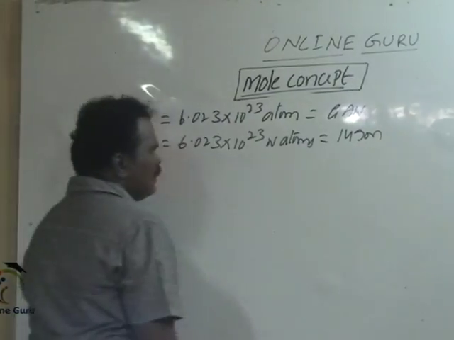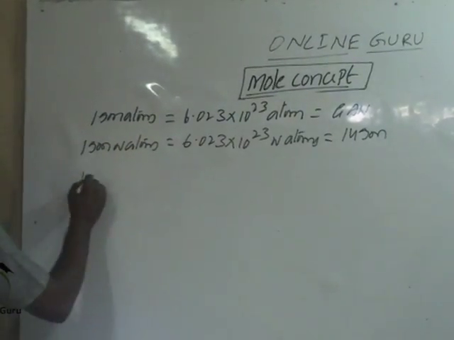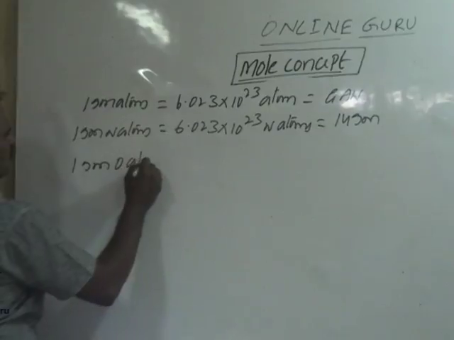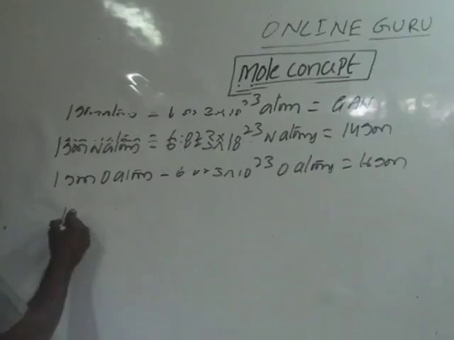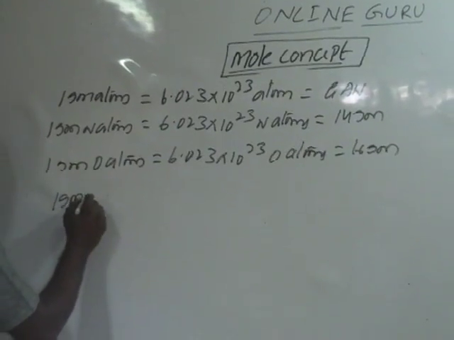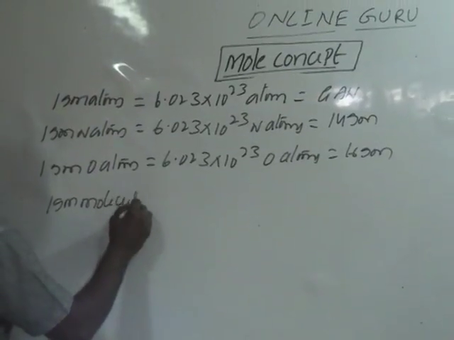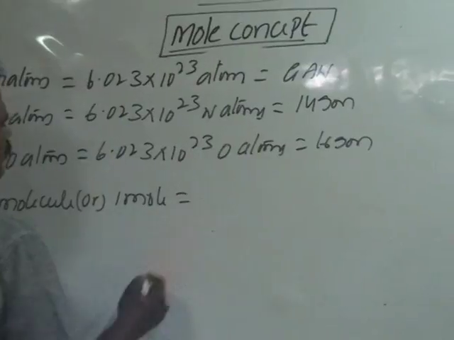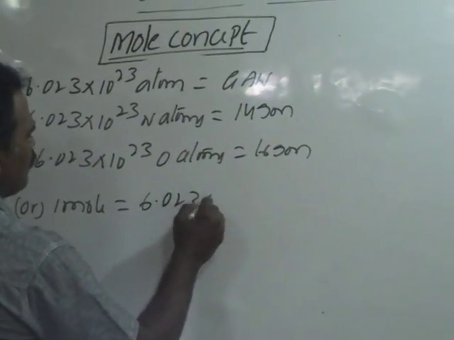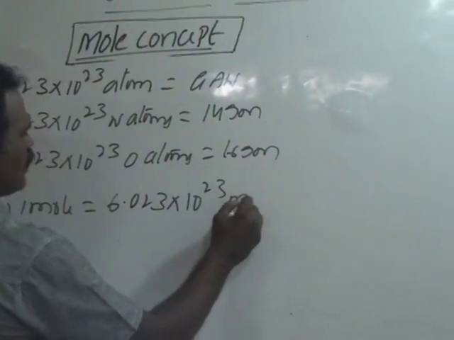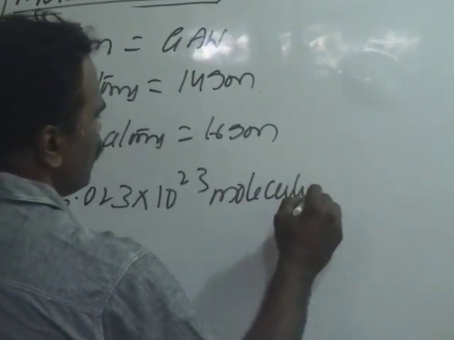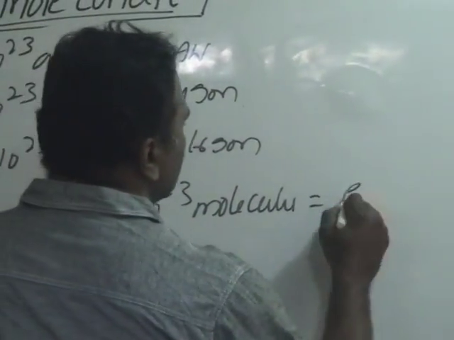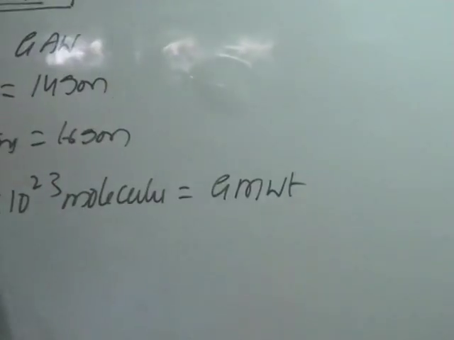Similarly, 1 gram molecule, or 1 mole, is equal to Avogadro number of molecules, that equals gram molecular weight.